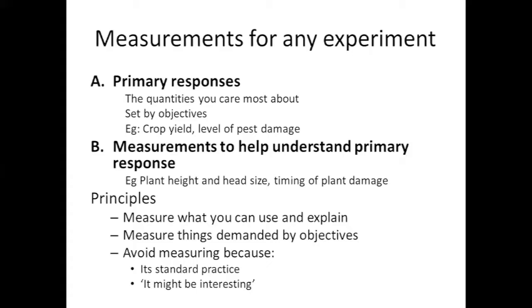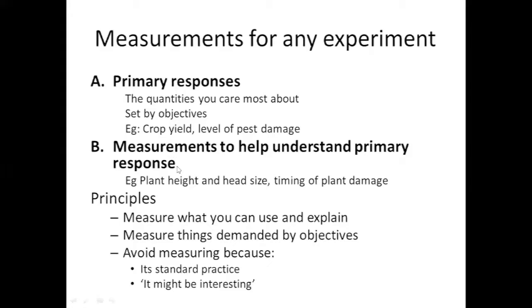It's one of the most important things you have to measure. If the objective is about reducing pest damage, then clearly the primary response is level of pest damage. So you should be able to look at the objectives of your trial, identify the primary responses, and you need to be able to measure them.